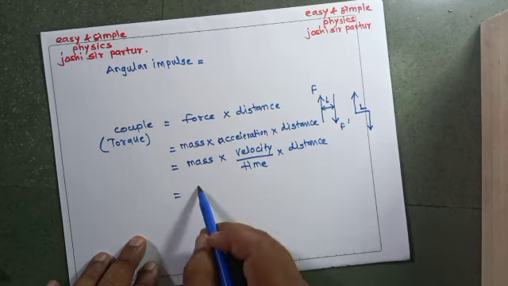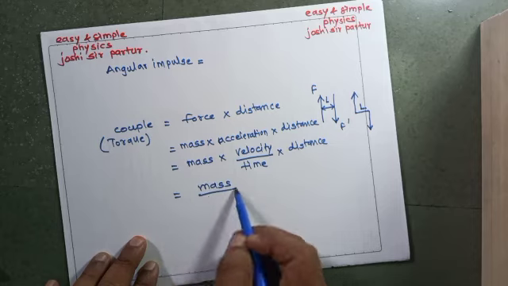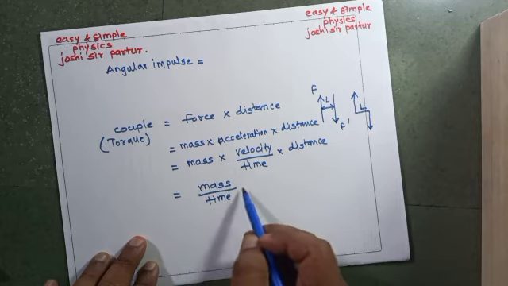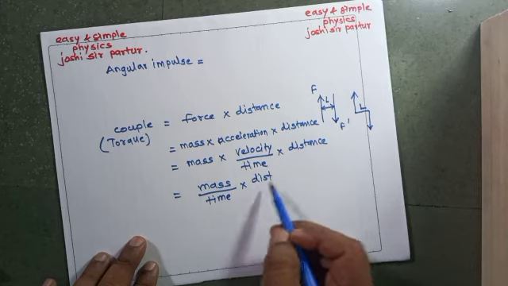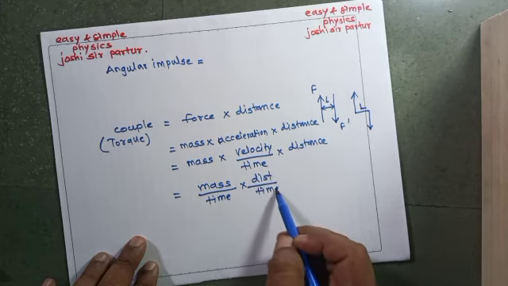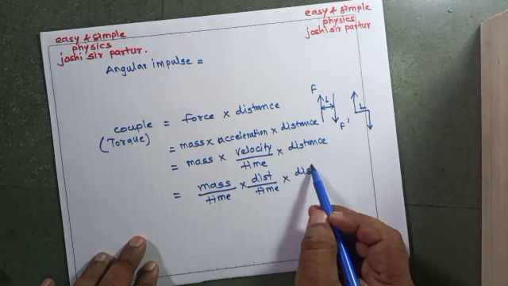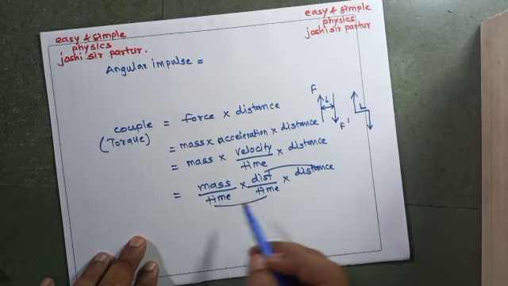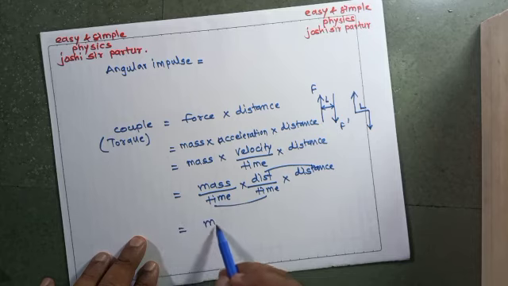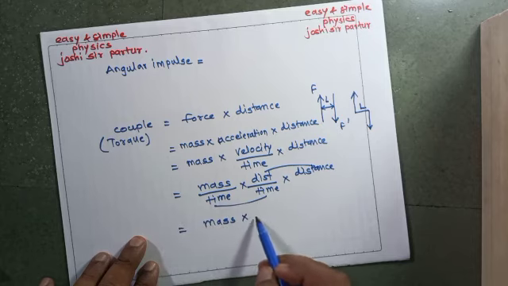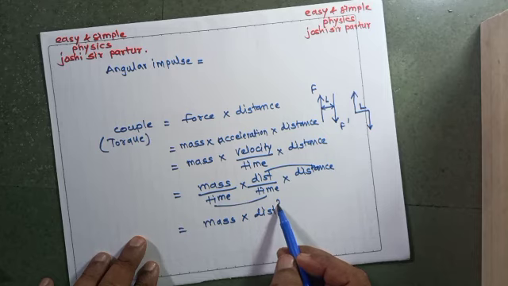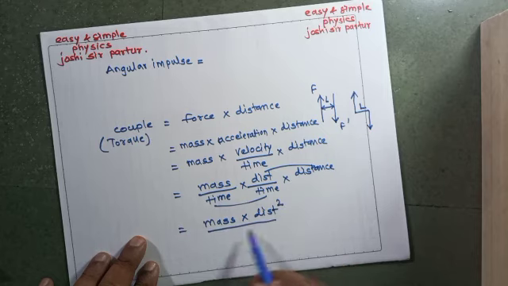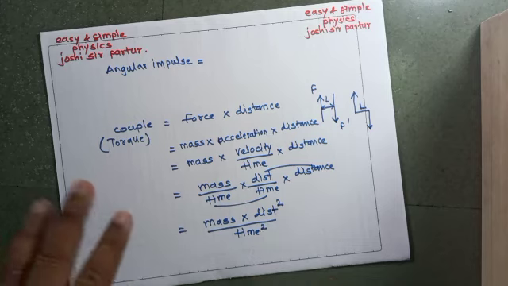So mass upon time, multiplied by distance upon time, multiplied by distance. If we multiply here, we see mass multiplied by distance square divided by time square. So we can find the couple.